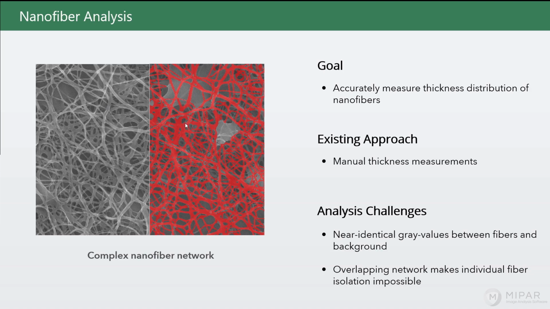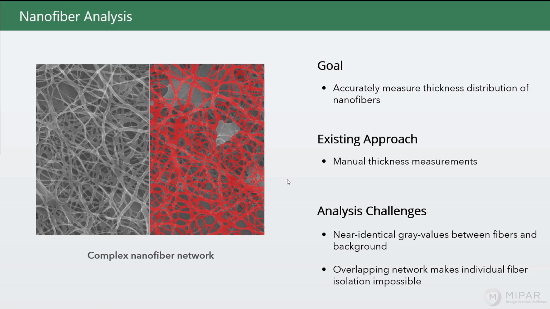And over on the right here, we see an example of that detection. This complex network is accurately detected as the object of interest, where the background, despite the sometimes identical gray intensity, is ignored. And this finally allows for automated, accurate nanofiber thickness distributions in a matter of seconds.